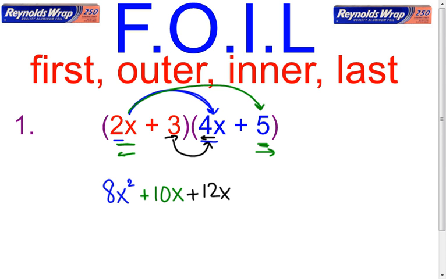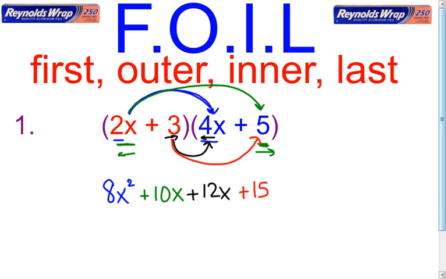So that's where I get the inner from. And then I will do the last, which is the 3 times the 5. Notice those are each the last term in each parentheses, and 3 times 5 is 15. So that's where I get my first, outer, inner, last, or first, outside, inside, last.